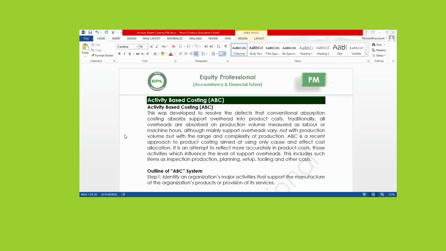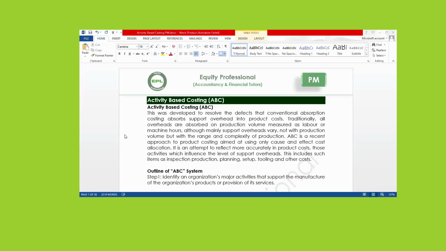To correct this deficiency, activity-based costing was developed. What is activity-based costing?